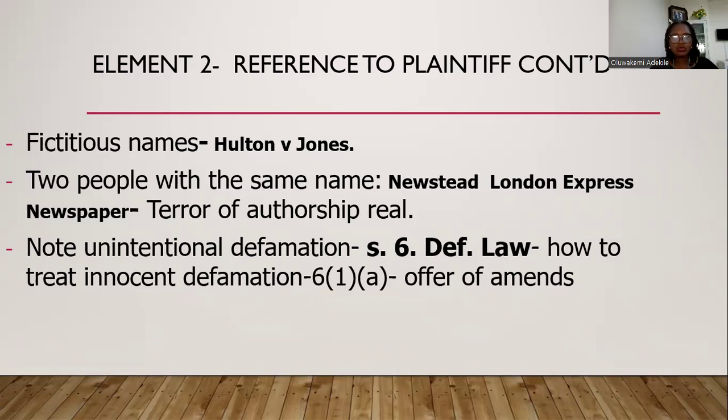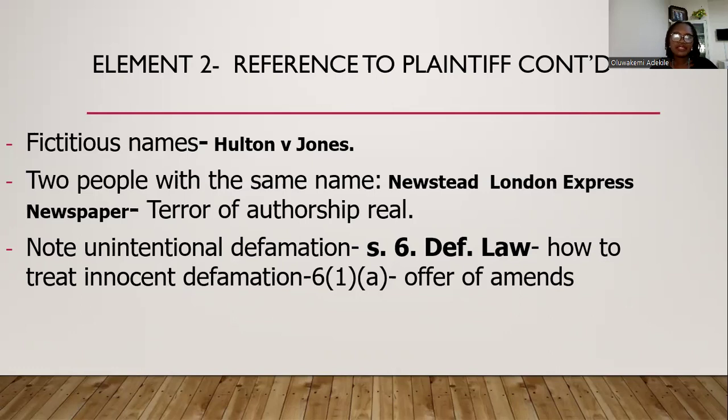Sometimes you have situations where someone has written an article, a book, a story, or a TV series or something, and they just used a fictitious name. And unfortunately, someone happens to have that same name.